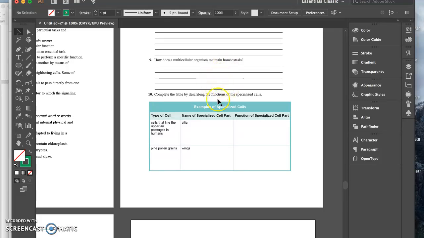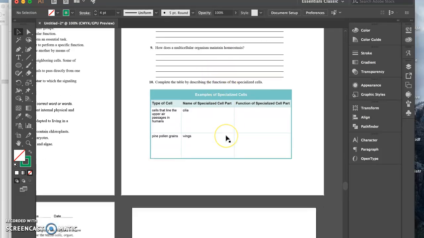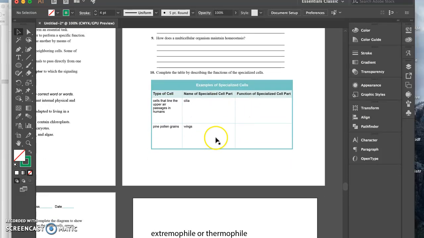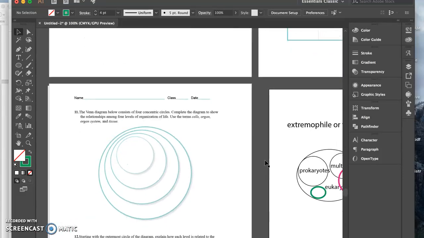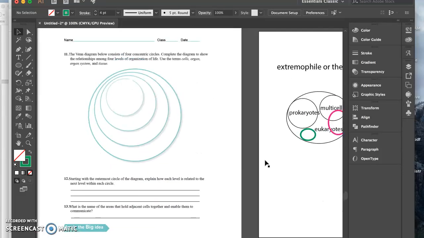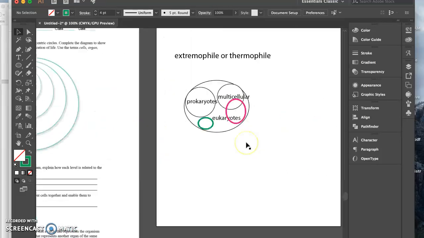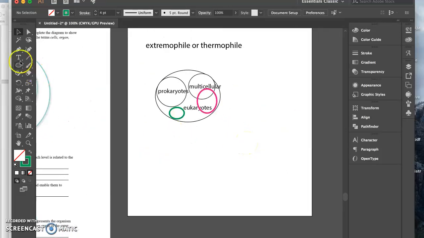I'll just have you look up in the book what the cilia do in our lungs, and what the wings do for pollen grain. That's explained pretty well in the book. And then I'll show you this last part here. They have it as a Venn diagram. I'm going to show it to you a little bit differently here.